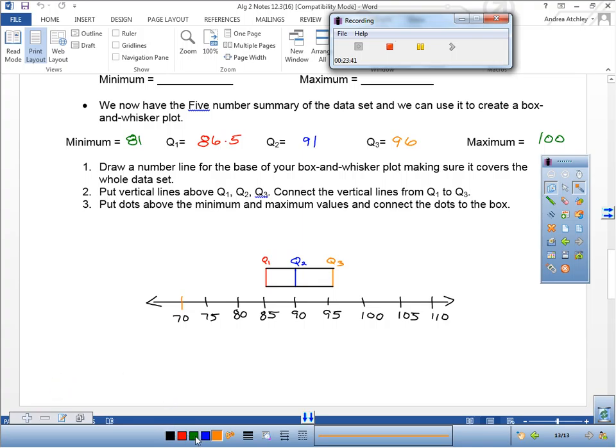Okay. The final thing we need to do is add the whiskers. Put dots above the minimum and maximum values and connect the dots to the lines. So at 81, I'm going to draw a dot. And at 100, I'm going to draw a dot.